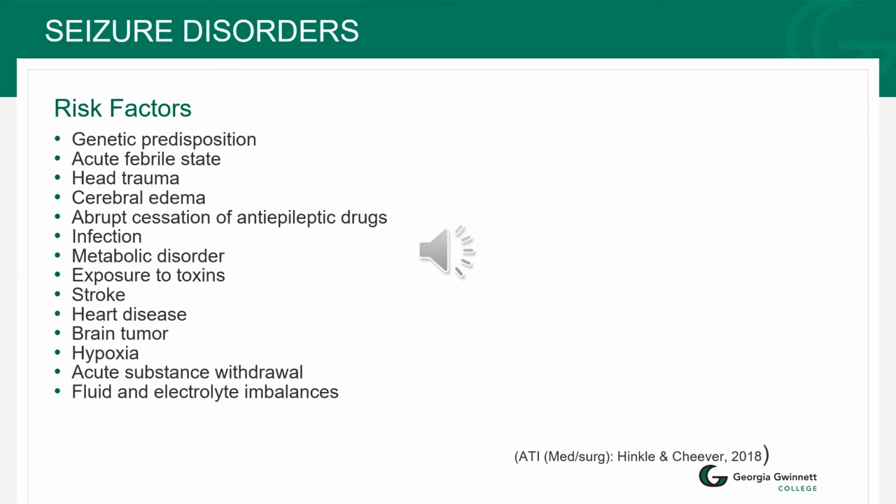Infection, metabolic disorders such as hypoglycemia or hyponatremia can cause seizures. Exposures to toxins such as carbon monoxide, pesticides. Heart disease is a common cause of new onset seizures in older adults.